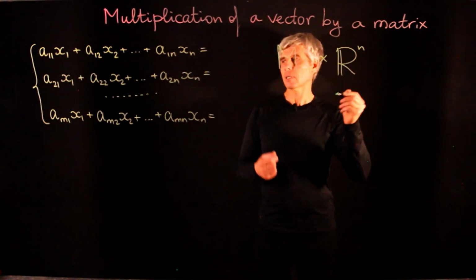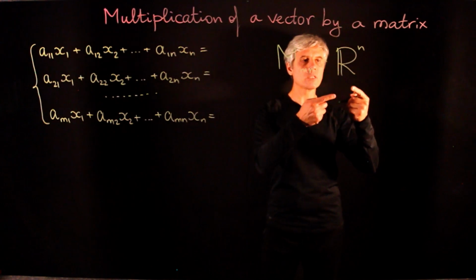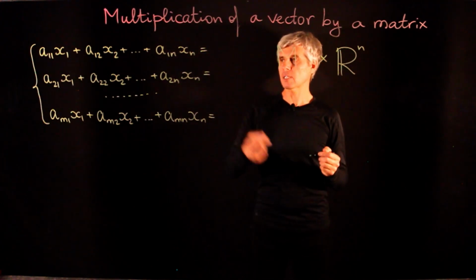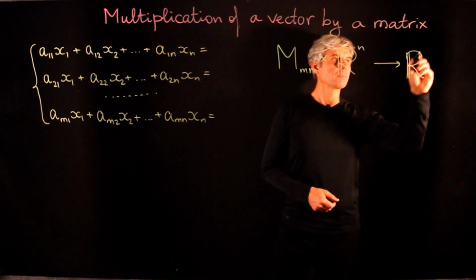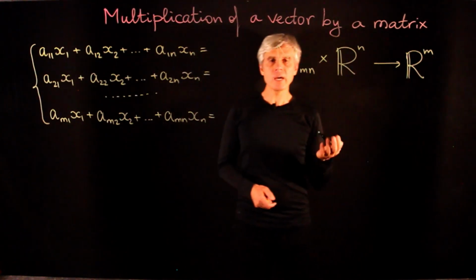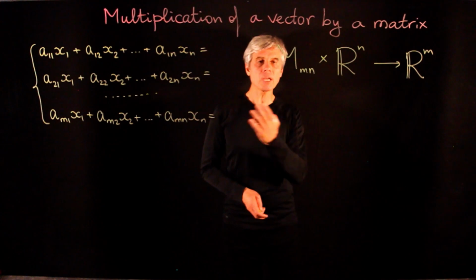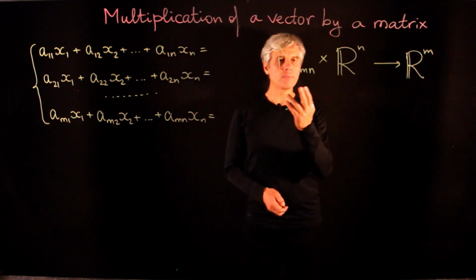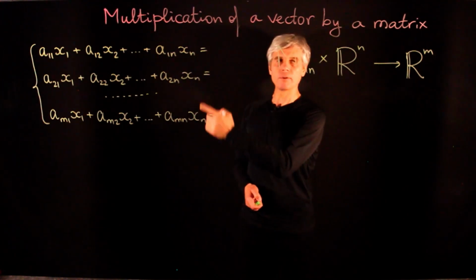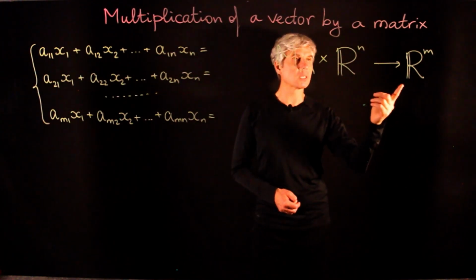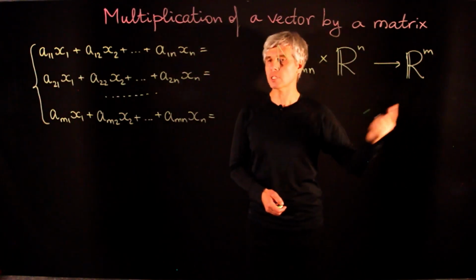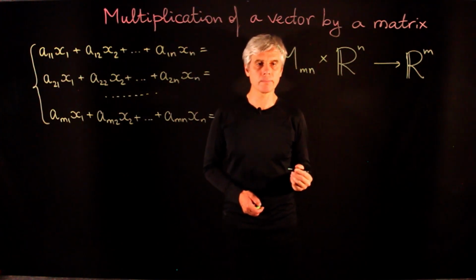And so this is our input. And the output of this operation is another vector, but now with m components. So now we can view this as an operation of multiplication of a matrix and a vector. And the output of this operation is, again, a vector, possibly with a different number of components.